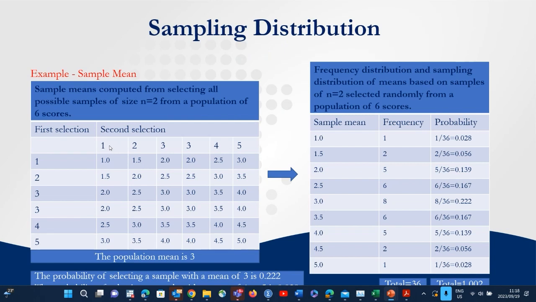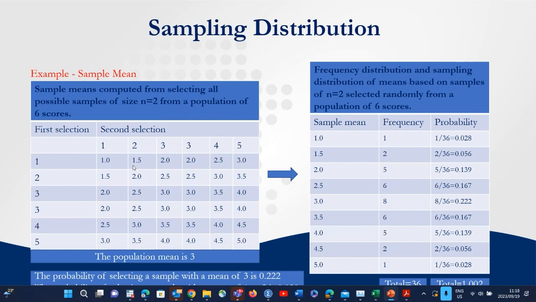And when I select a 1 and a 1, my average is going to be what? The mean is going to be 1 because 1 plus 1 divided by 2 gives me the average of 1. If I select a 1 and a 3, it's going to be 1 plus 3 divided by 2.